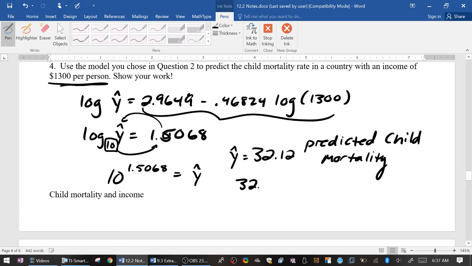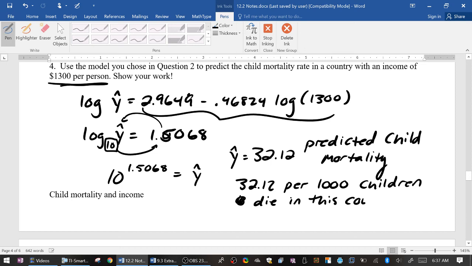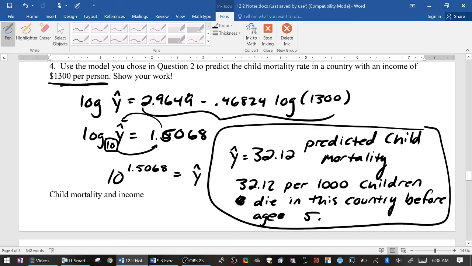So 32.12 per 1,000 children die in this country before age 5. Which is a kind of a scary note, but that's how we interpret this question.